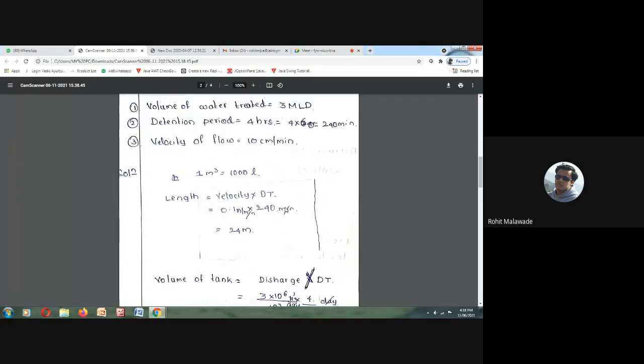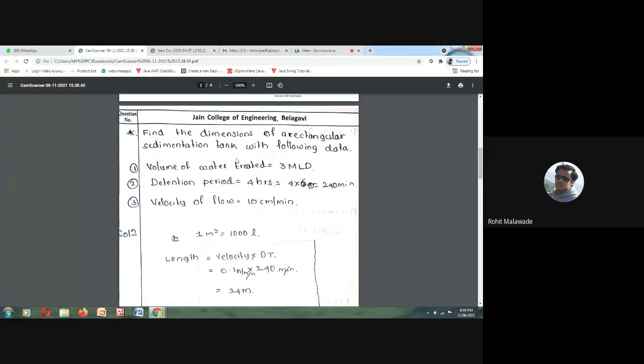Now we will see one of the problems. In this problem, what is going to be asked is to determine length, breadth, and height. Length, breadth, and height will be asked in your main exams.